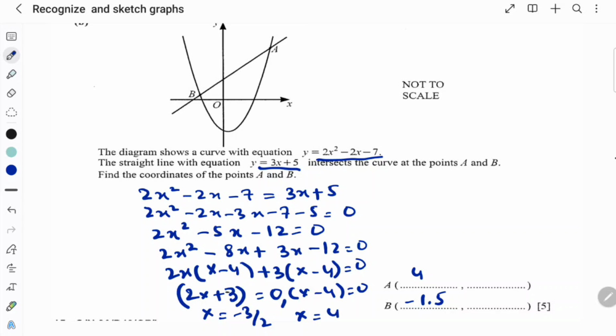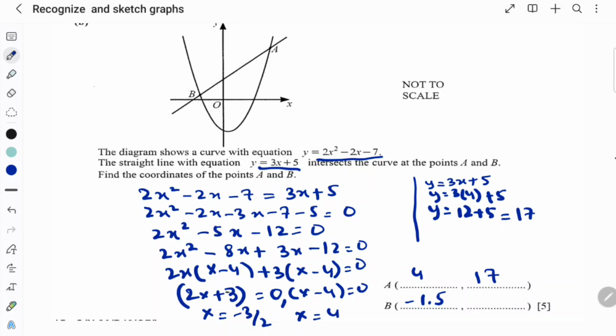To get the value of y, we can write down the equation y is equal to 3x plus 5. First I'm substituting 4 there. y is equal to 3 times 4 plus 5, and 12 plus 5 will be equal to 17. So when we put 4, it is 17.